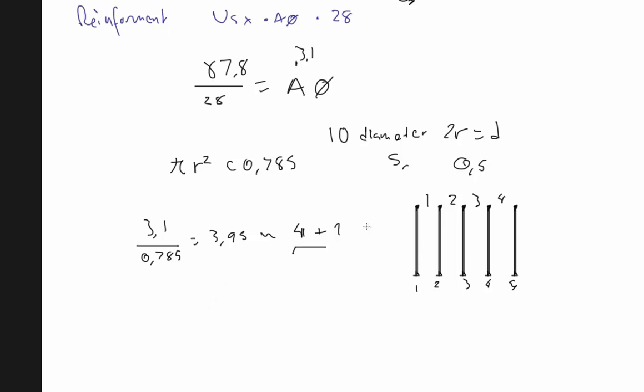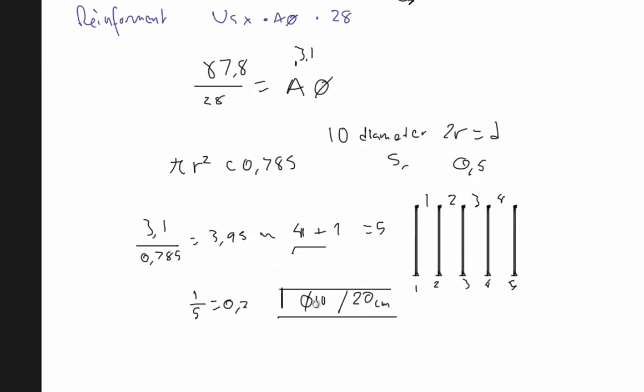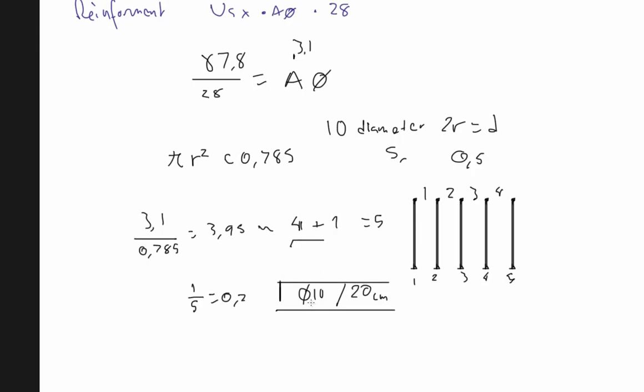So then now we have the number is 5, then we do 1 divided by 5 is 0.2, so 1 bar every 0.2 spacing, and so that we write here, so diameter 10, 20, so should probably be 20 centimeters. That's what I mean. I assume that's some kind of lingo that they usually say, to say yes, bar this every 20 centimeters. Okay, so that was the first one.